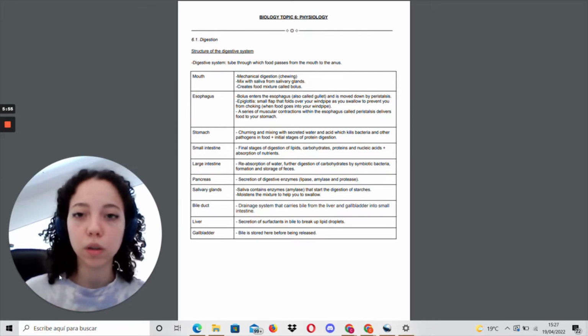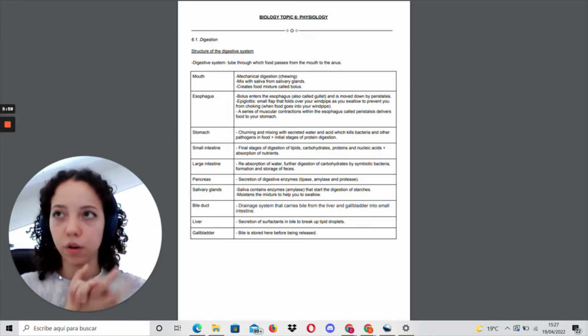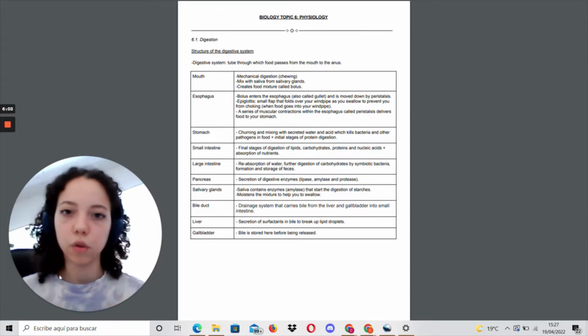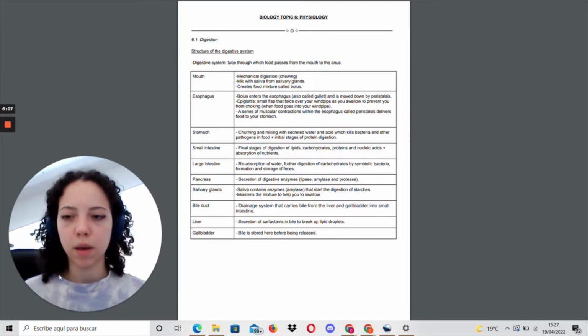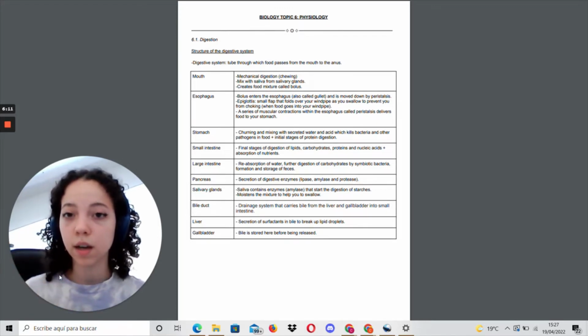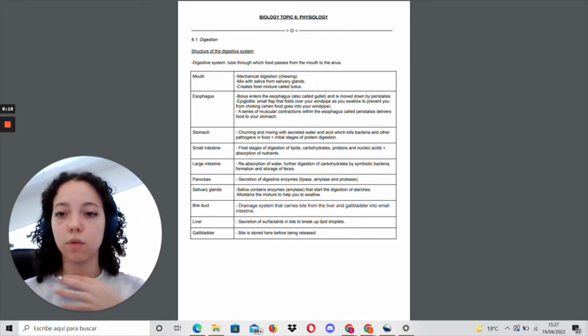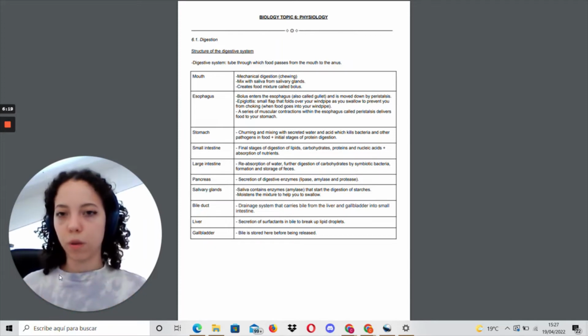So when you swallow food, the epiglottis closes over the windpipe to prevent you from choking because the food enters your airways. After the epiglottis closes, food can go down your esophagus, and a series of muscular contractions, called peristalsis, delivers the food down to your stomach.